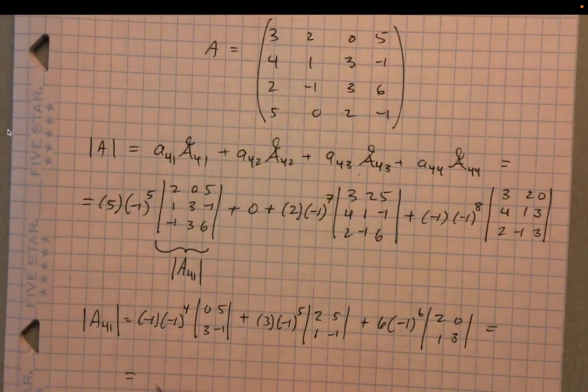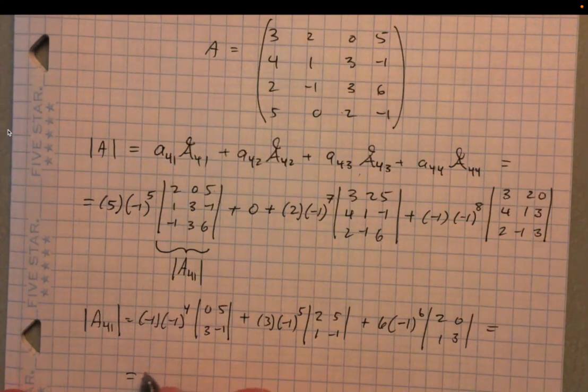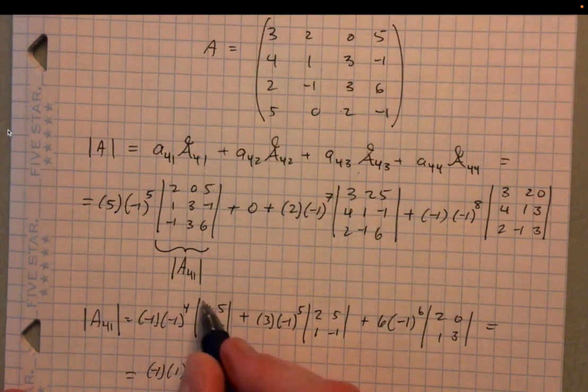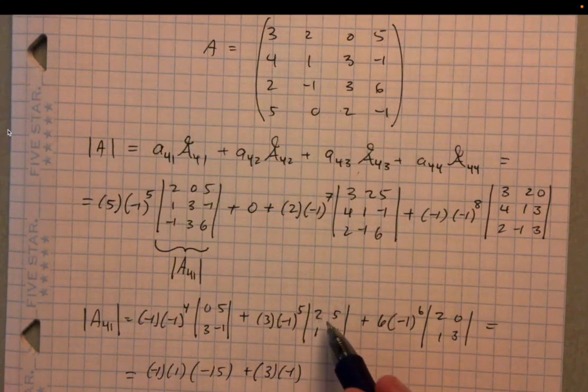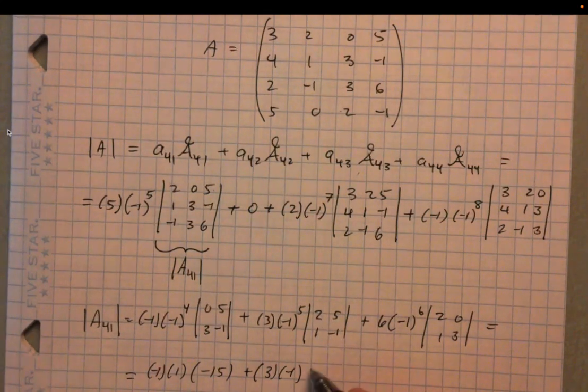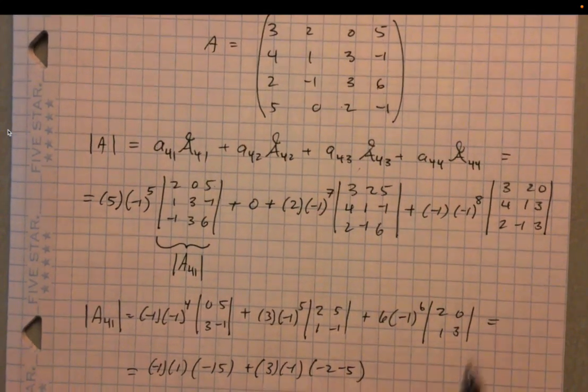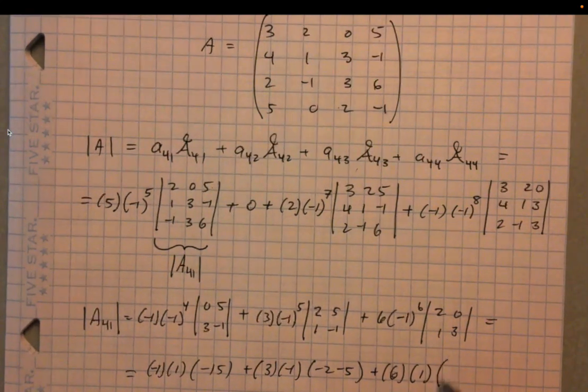Now this we can calculate. I'm going to get negative 1 times 1, and this determinant is 0 minus 15. Plus 3 times negative 1, and this is negative 2 minus 5, plus 6 times 1, and then it's 6 minus 0.